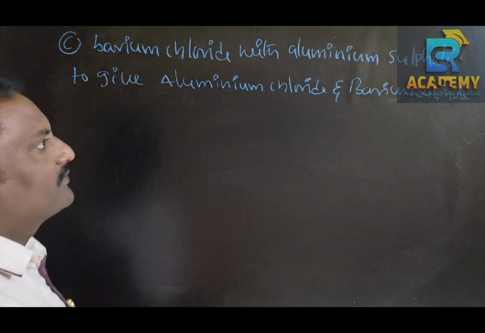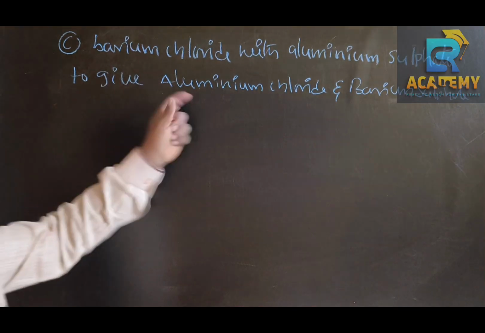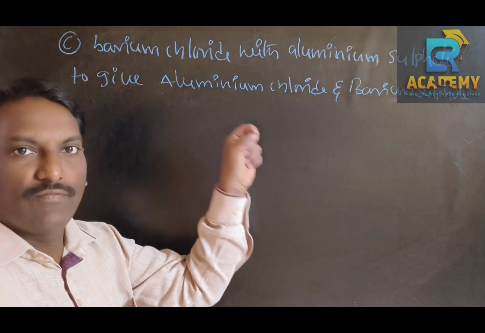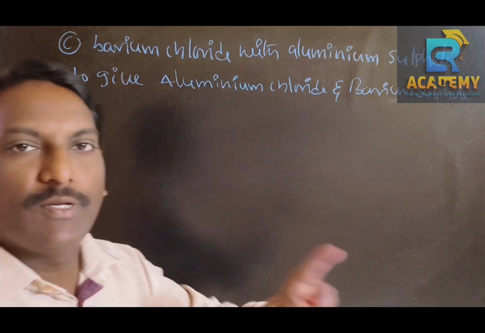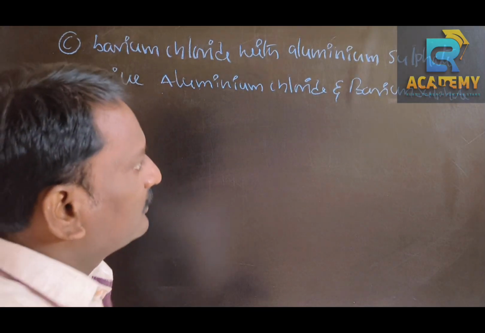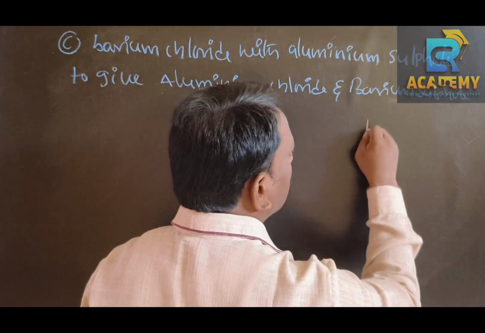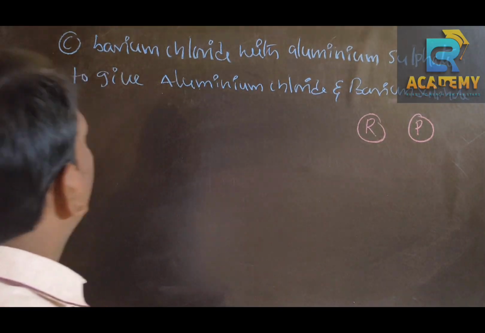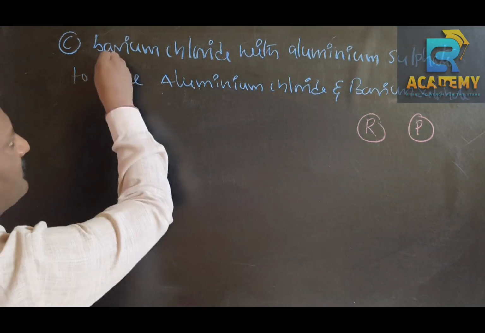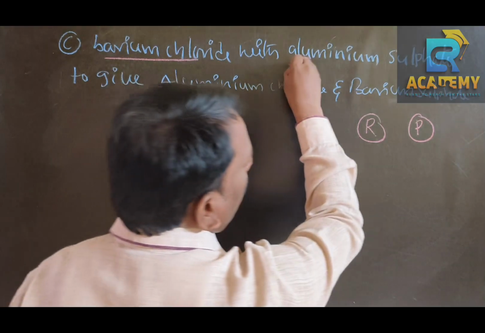Barium chloride reacts with aluminum sulfate to give aluminum chloride and barium sulfate. Here, barium sulfate is a white precipitate. It is a double displacement reaction. Reactants are barium chloride and aluminum sulfate.